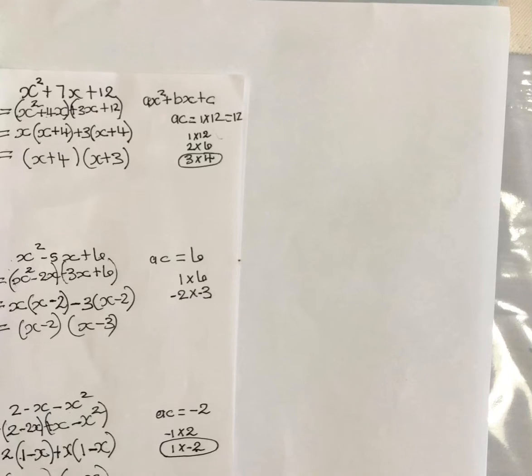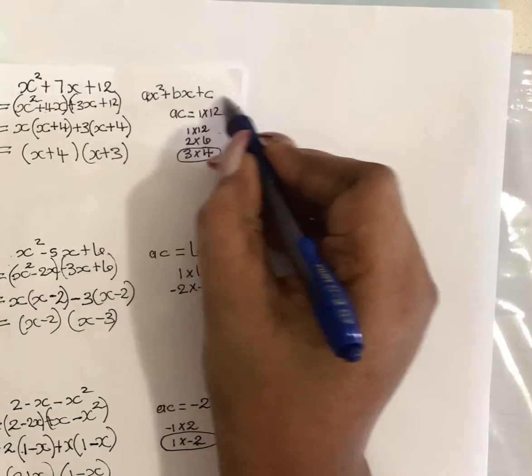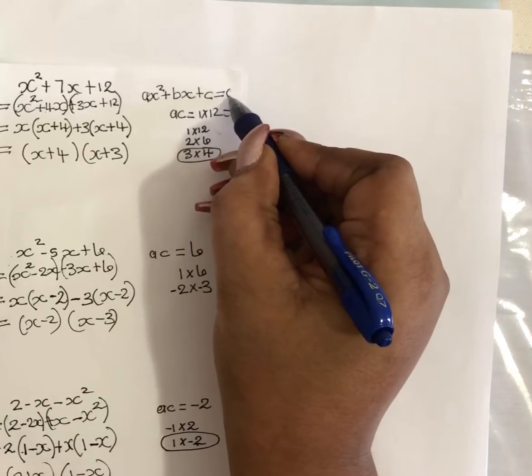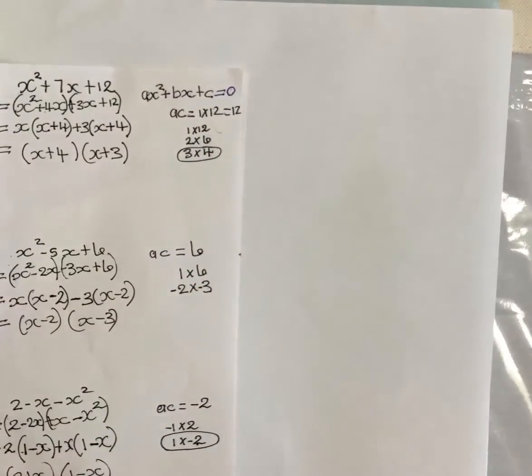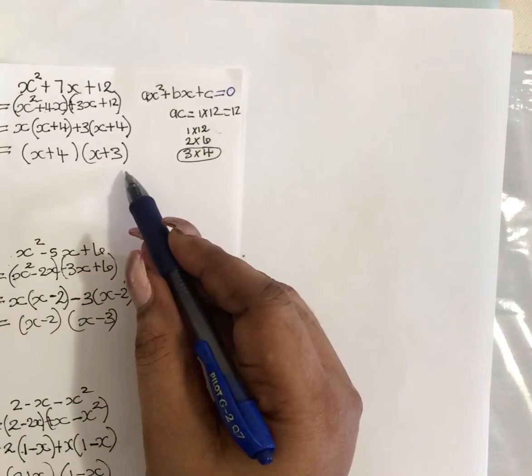solve them as equations. The only difference between the expression and the equation is that we have our quadratic expression, and then to make this an equation, we make it equal to 0. So each of these will be equal to 0.